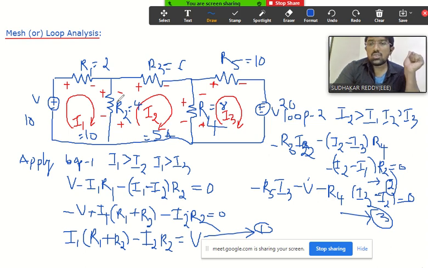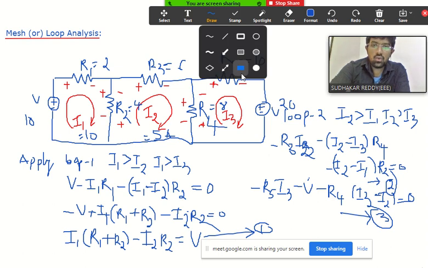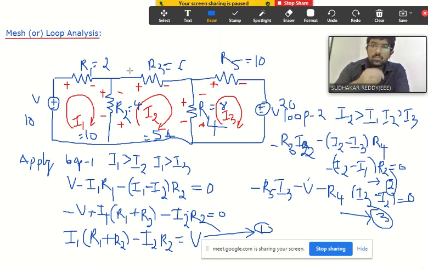The fifth step is to solve the equations and find each and every mesh or loop current. Once we find the mesh or loop currents, can we find each and every branch current? Yes or no? Good.